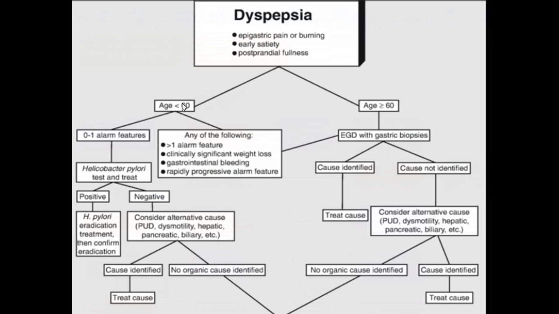Same thing explained here. If age is less than 60, what do you do? If age is more than 60, directly go for upper GI endoscopy with gastric biopsy. And if it is less, and one alarming symptom is present, such as clinically significant weight loss, bleeding, rapidly progressive alarm features, go for endoscopy. Rule out H. pylori infection. If it is positive, give the treatment and try to eradicate.